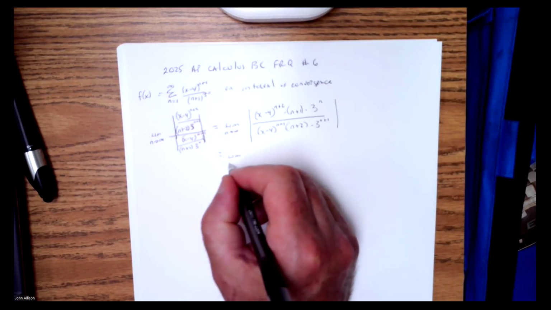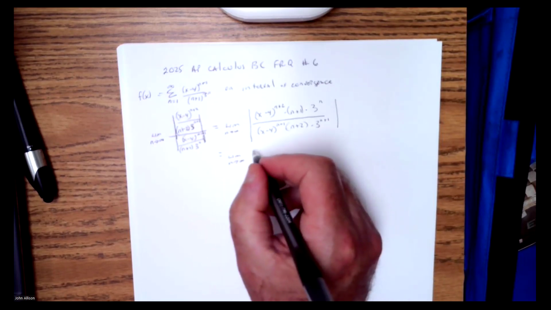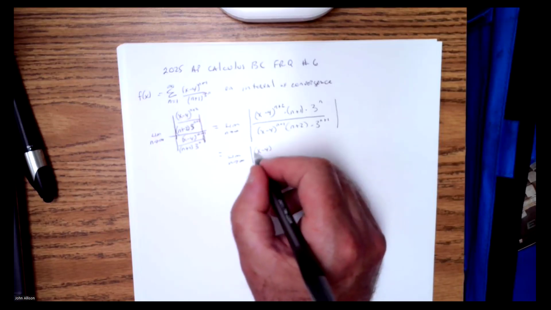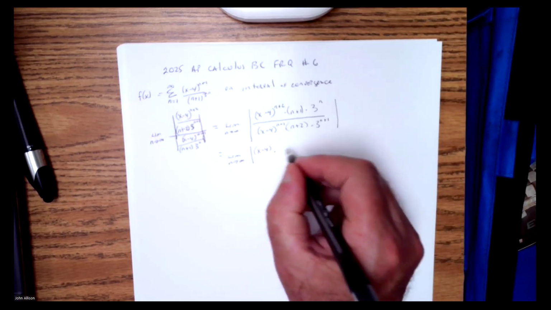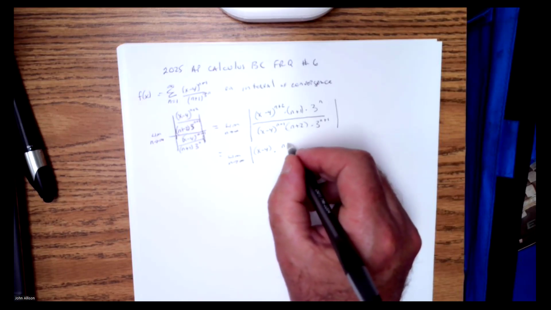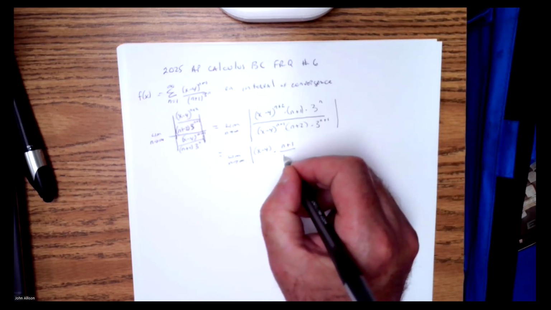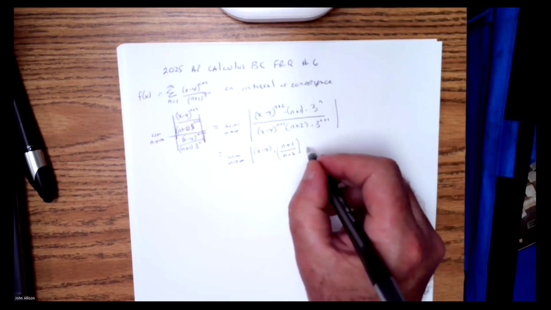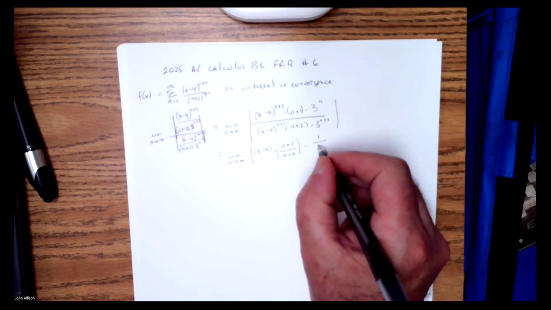It's going to equal the limit as n goes to infinity of the absolute value of x minus 4 times n plus 1 over n plus 2 times 1 over 3.